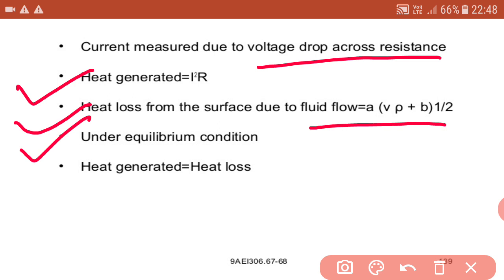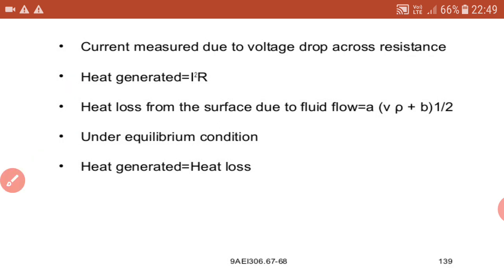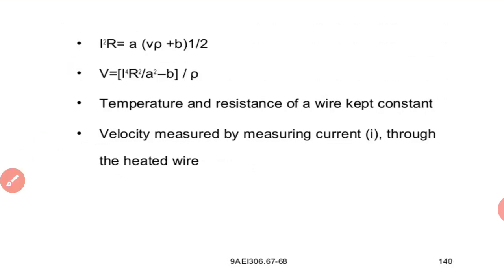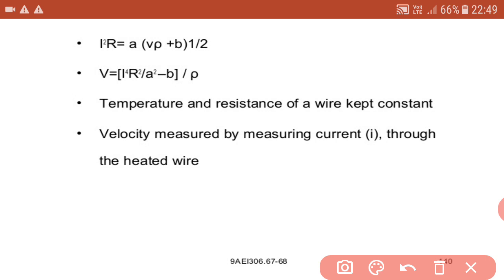Heat generated is equal to heat loss. So this condition is known as equilibrium condition. So heat generated is equal to I square R, and heat loss is equal to the expression above. So from this equation we can find V.